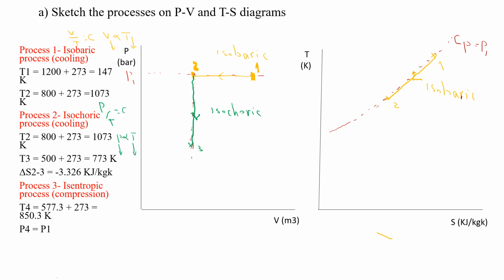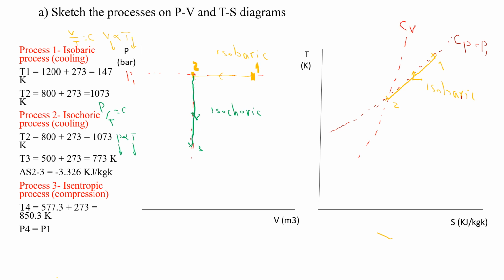So we want to see how would be the isochoric process on TS diagram. As it is happening at a constant volume, we need to draw the curve of constant volume. So this is CV.